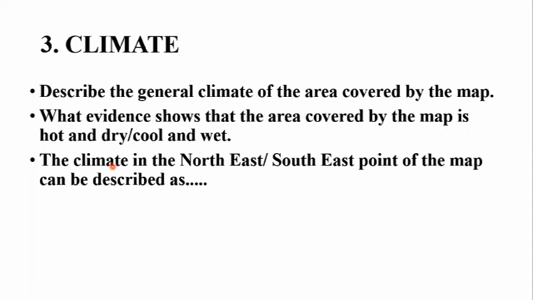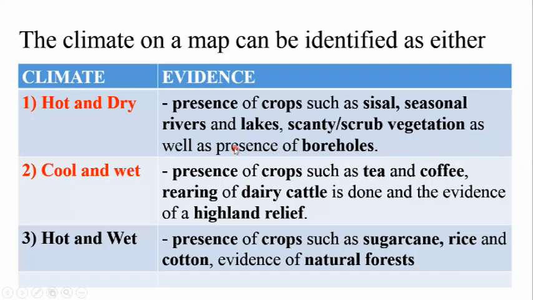Whichever way the question comes, you need to know the evidence that shows the possibility of a given climate taking place in the area covered by the map. So you need to understand the climates and the evidence that shows the type of climate represented on the map. The climate on a map can be identified as either hot and dry, or cool and wet, or hot and wet. These are the possible climates that may be tested.